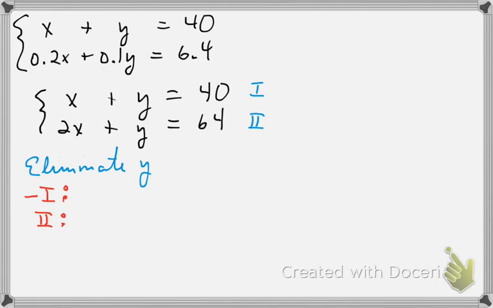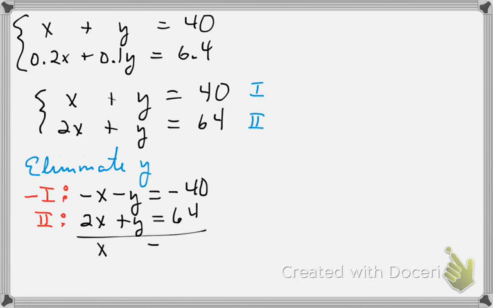That means we would have -x minus y equals -40. 2x plus y equals 64. And when I add together, I'd get x equals 24. Solve for x, done. Then what should I do?